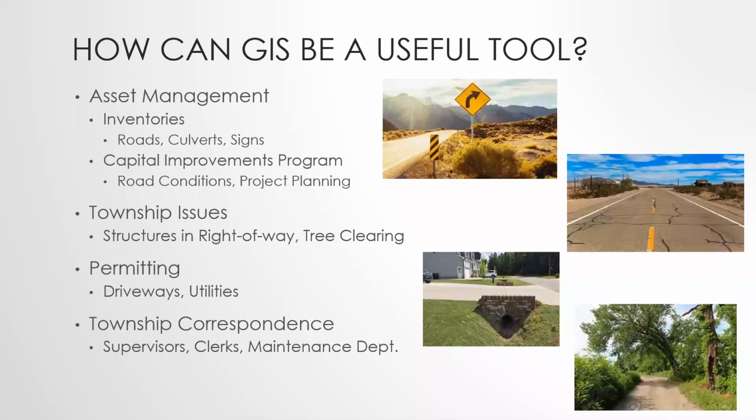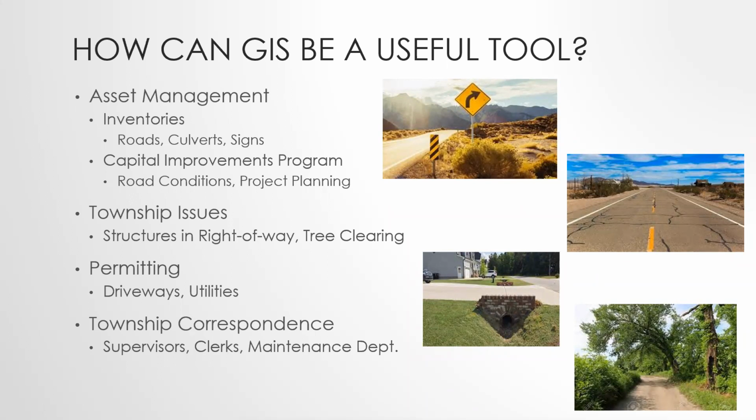We use it for township issues. So if we get a call on a tree is down, or having trouble seeing the stop sign, or maybe there's a head wall in a driveway that is considered a structure within the right of way, we're able to put a point on the map and indicate what the issue is and attach a photo.